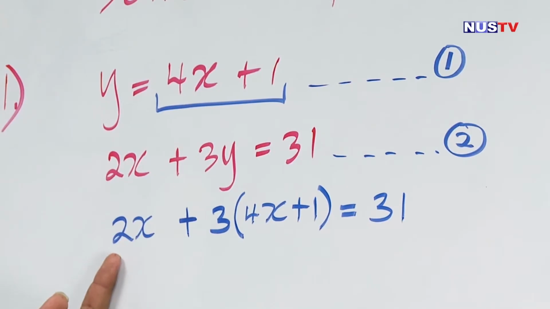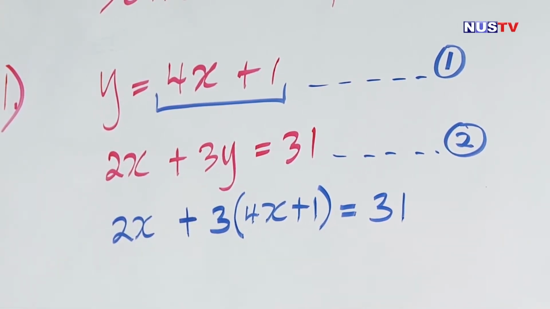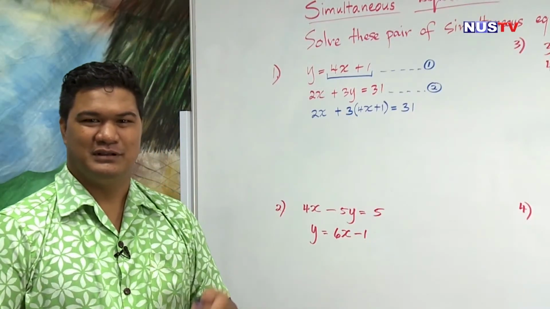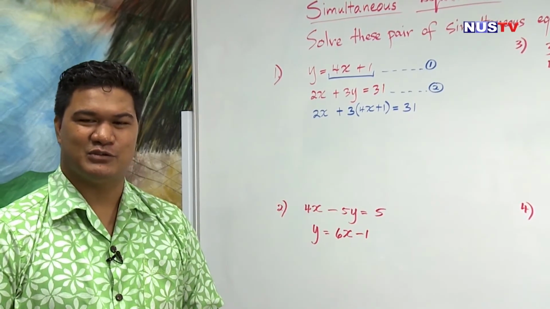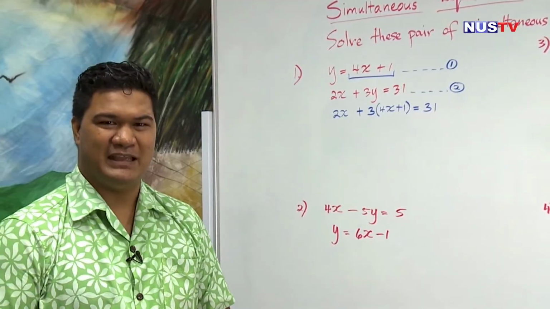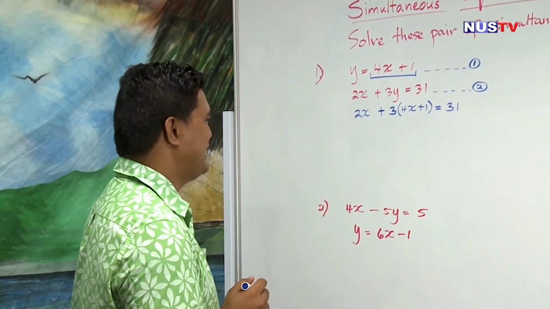Then now we have something like 2x plus 3 multiplied by 4x plus 1, and that is equal to 31. So that really means we already assign our substitution into our equation to obtain our values for x. So expanding and solving to make our value of x.